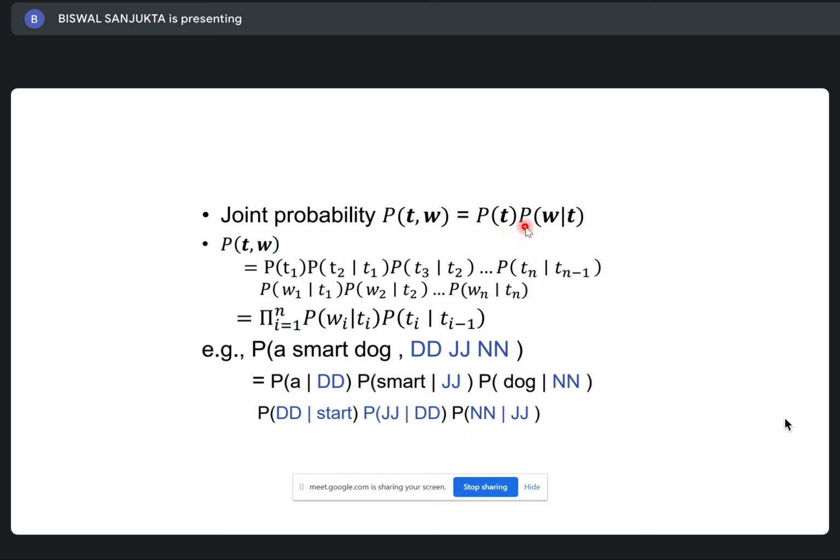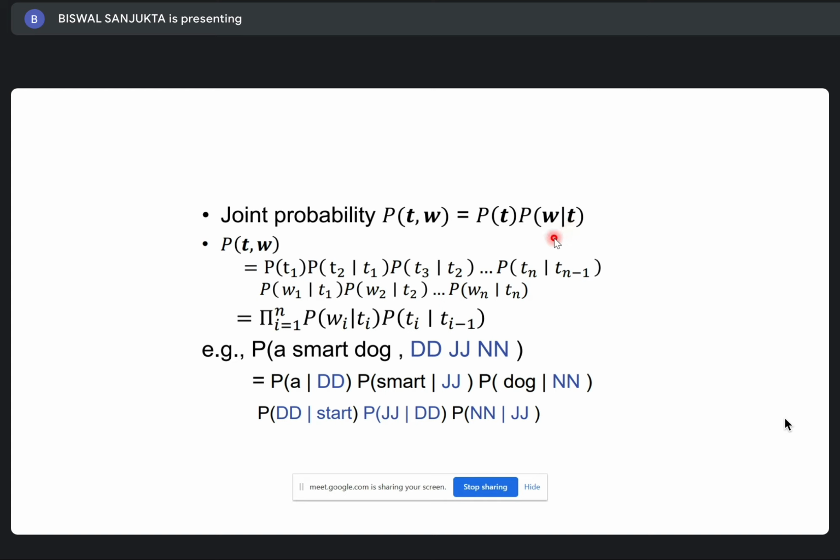Then multiplied with the probability of word given tag. Here again, word is a sequence and tag is also a sequence. The probability of any word is basically dependent on its own tag.